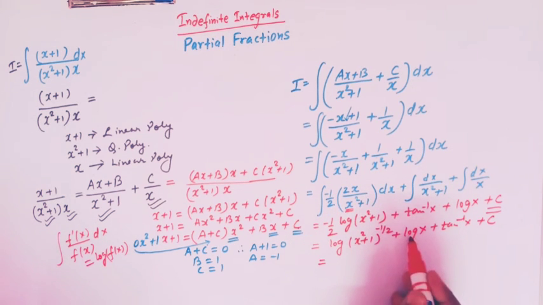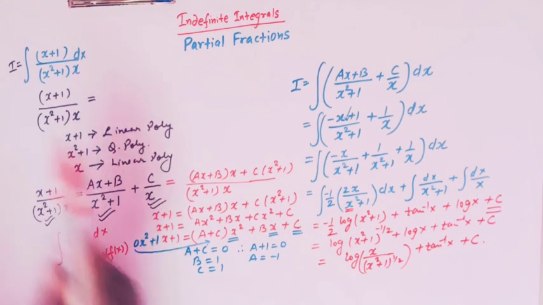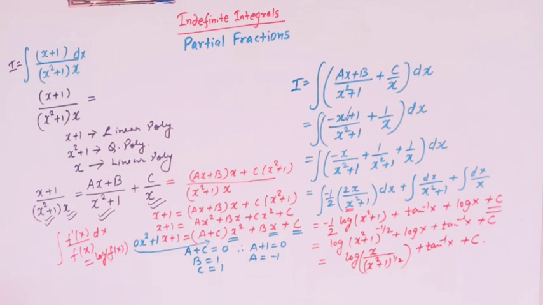Now combining these terms, we have log of x over (x squared plus 1) raised to half, plus tan inverse x plus c. So viewers, this is how we solve this problem.